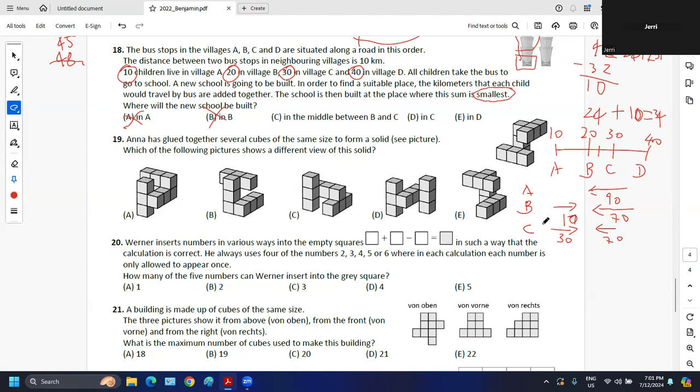Now let's try D. If it was in D, then there will be 30 running right and 40 running left, which is the smallest number because the 40 is closer to the school than the rest. So D would be the answer. Now let's see why D is not the answer. If it was in D, then there would have been 60 running right.